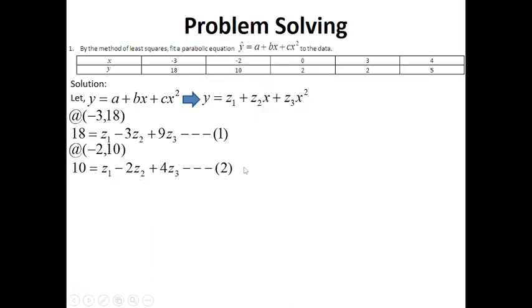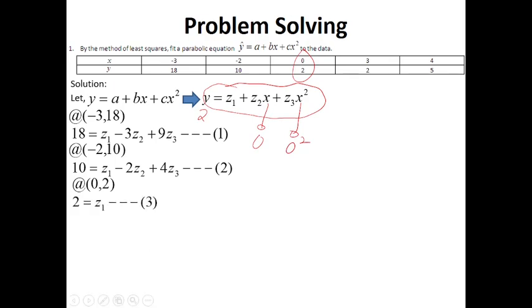Next, at 0, 2. Okay. At 0, 2, substitute the values of x and y here. So, gawin nating 2 yung y, ang x ay 0. Ang magiging sagot natin ay ganito: 2 equals z sub 1. Yan yung magiging equation.